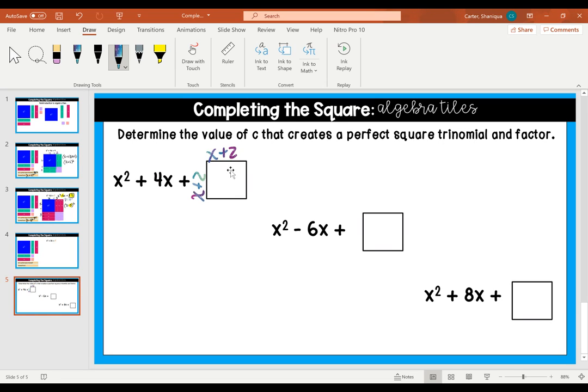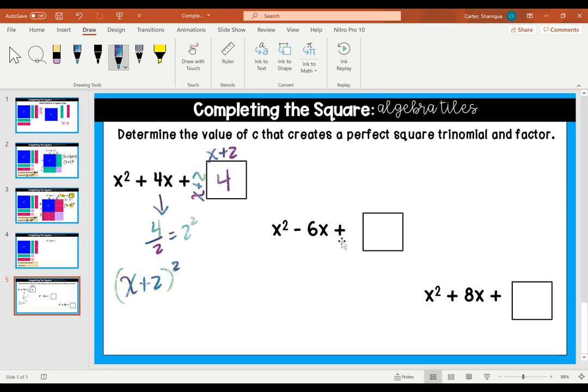Because that's half of my middle term. Half of my middle term was 2. And what's 2 squared? It's 4. So now I still need to factor it. Well, when I wrote my dimensions, I did factor it, because I got x plus 2 times x plus 2. So factored form is x plus 2 squared.